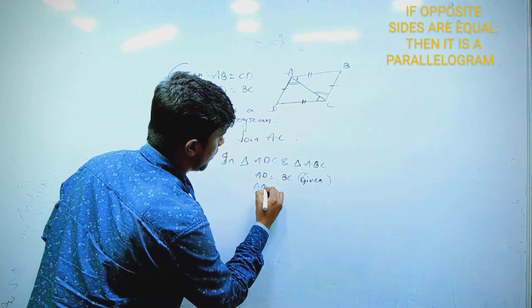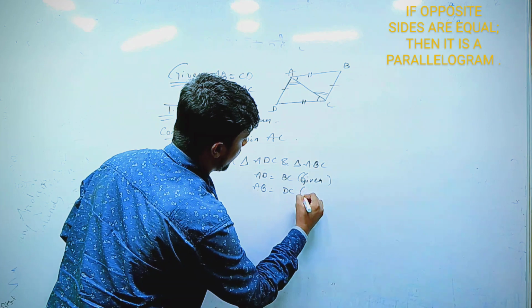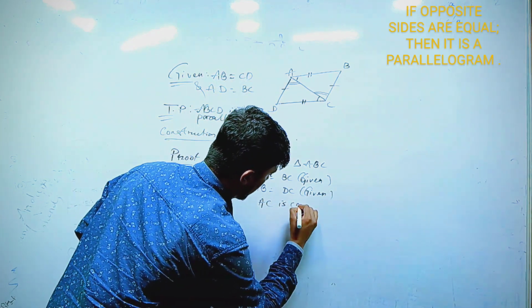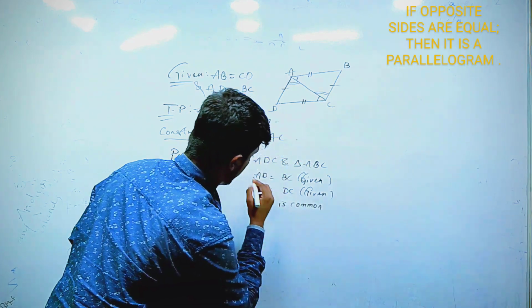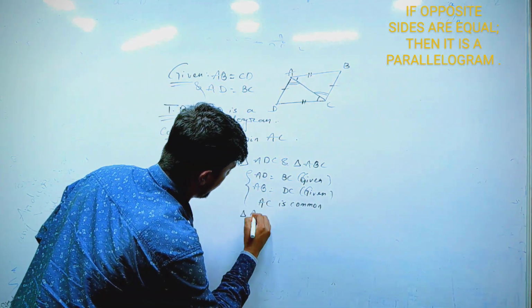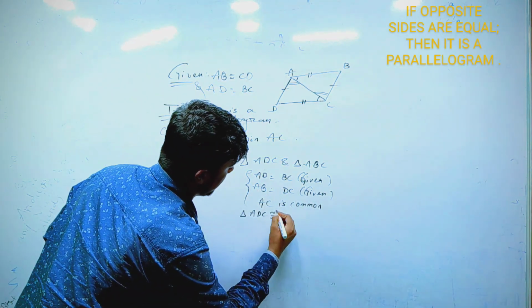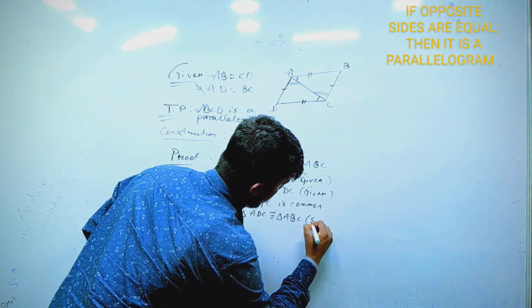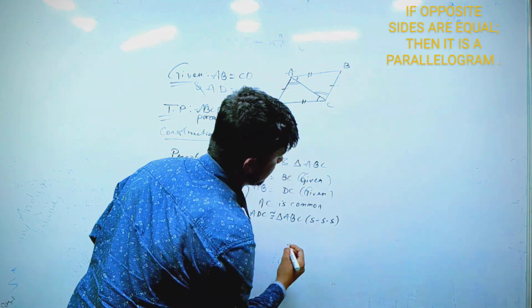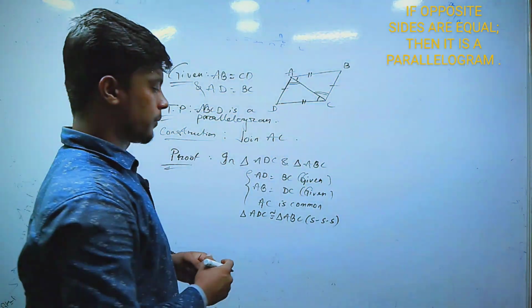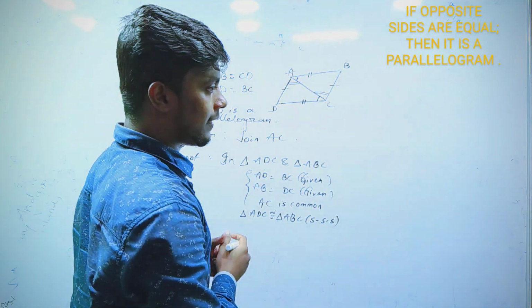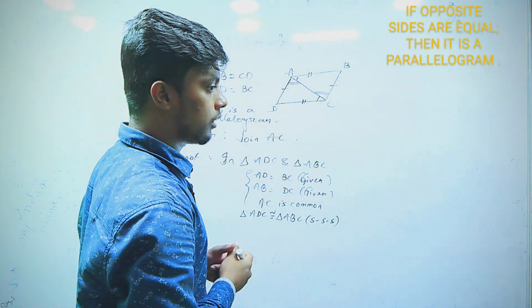AB equals DC, also given, and AC is common. So according to these three sides, triangle ADC becomes congruent to triangle ABC by the SSS property. As the two triangles are congruent, we can write that their corresponding parts will be congruent.